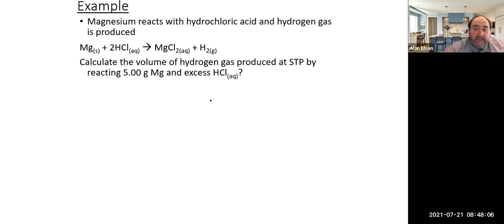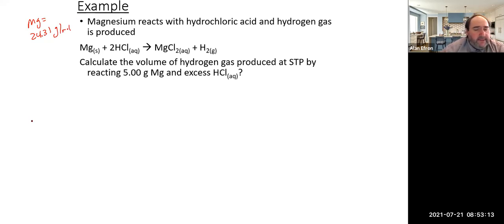According to that equation, calculate the volume of hydrogen gas produced at STP by reacting 5 grams of magnesium with excess amount of HCl. So I think perhaps the only thing you might need is magnesium's molar mass, which is 24.31 grams per mole. All right, take a few minutes and see what you come up with on this one.